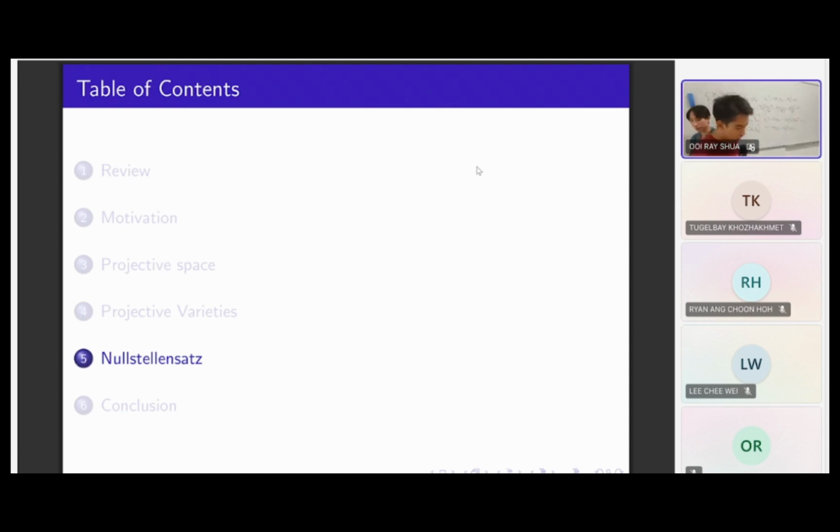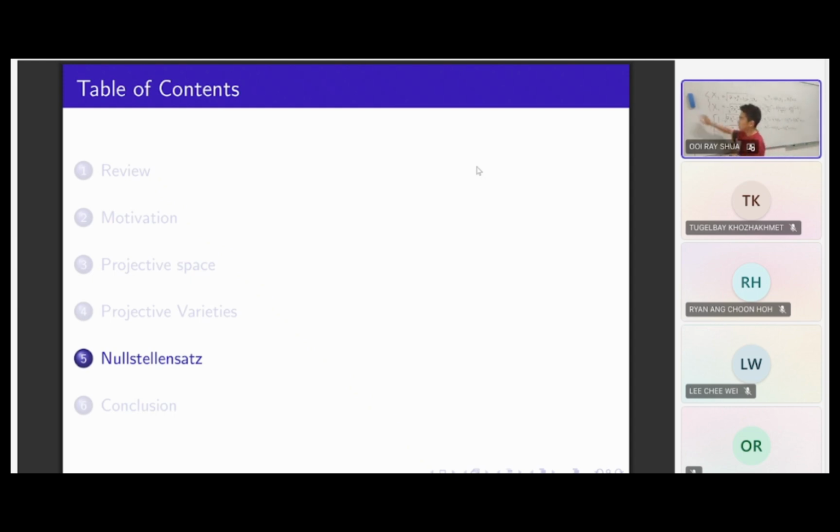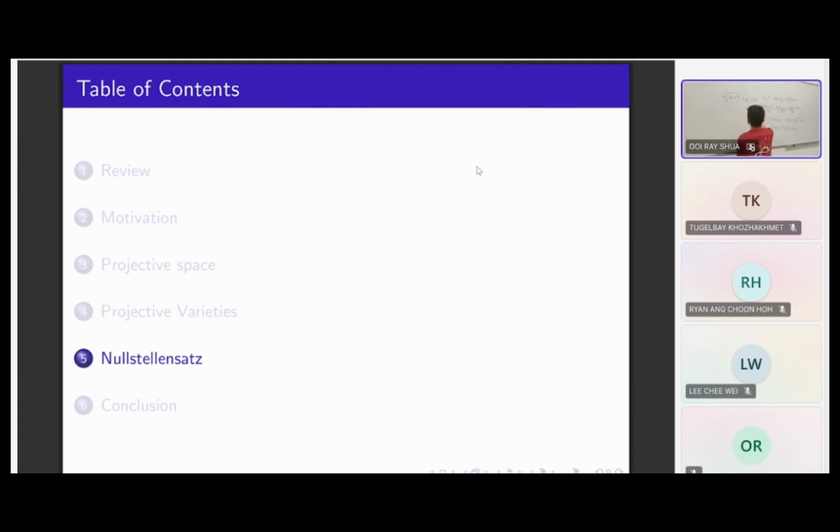So at least now we have a few examples. Hopefully, you can visualize and think of projective varieties in a more concrete way. So we are just going to repeat what we did in week 1, which is the goal of algebraic geometry: to find the correspondence between algebra and geometry.